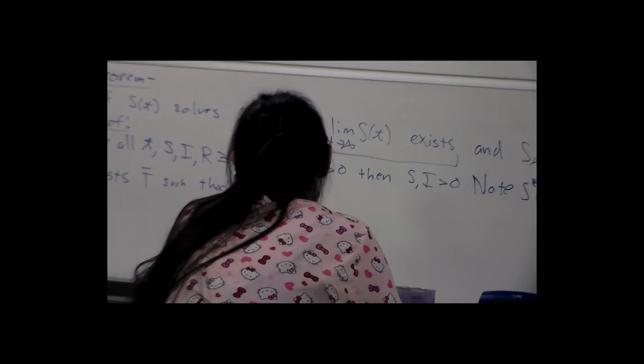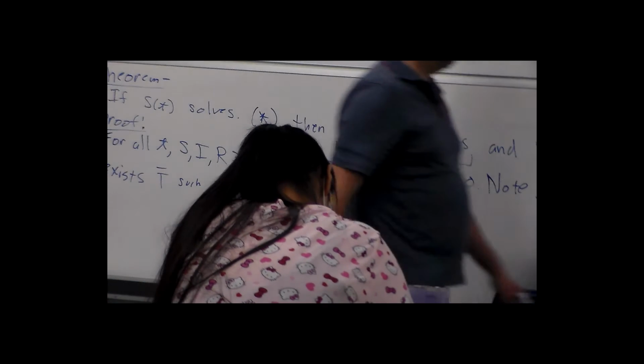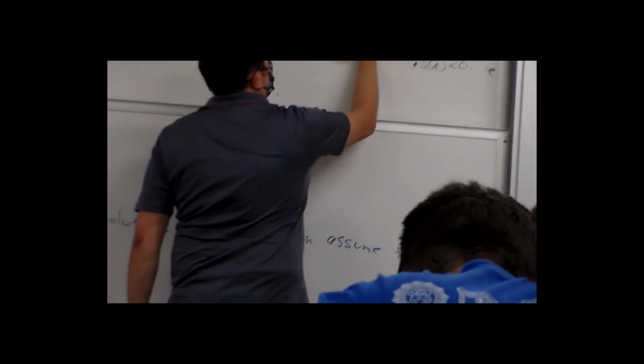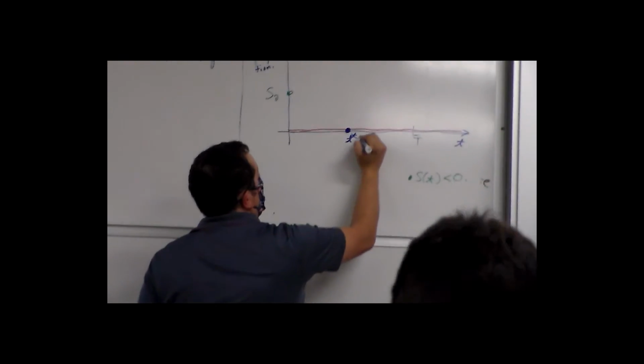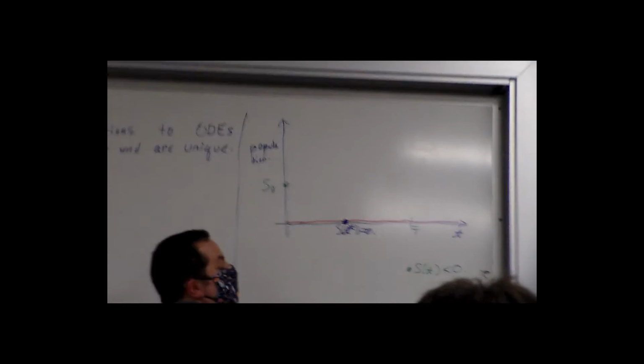Okay? So I know there's going to be a point where this had to cross 0. Let's call that t star. And here, S of t star is going to be 0.